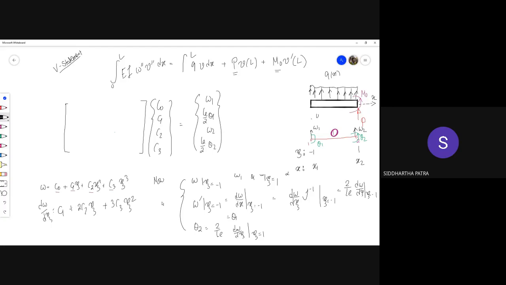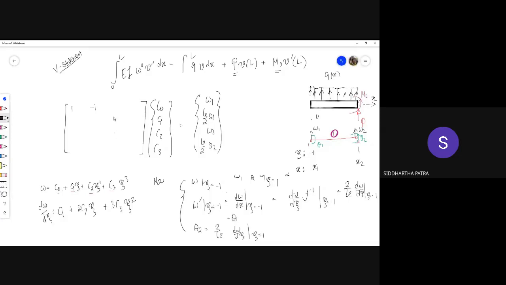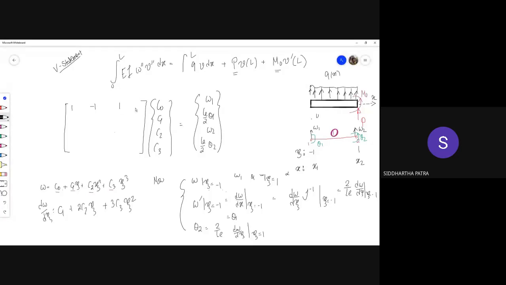Now, if I substitute xi equals -1, the first row should be the values of xi to the power 0, 1, 2, 3 corresponding to -1, which basically is 1, -1, 1, -1.